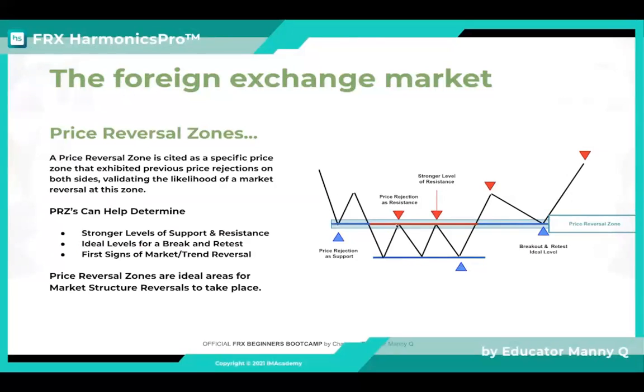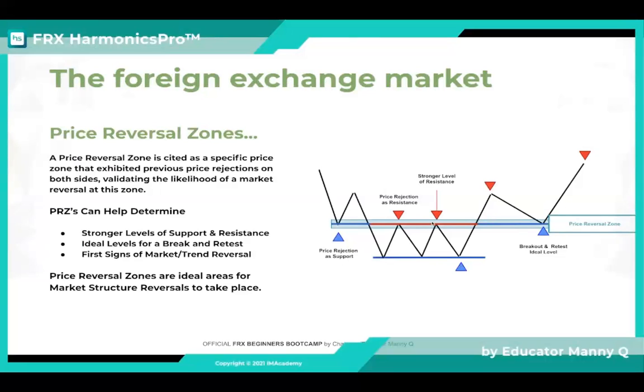Now, as the market pulled back and came back to it one more time, you can see that it's now a stronger level of resistance. The likelihood of the market reversing at this particular zone is a lot stronger than any old support or resistance based on a higher low in the market.